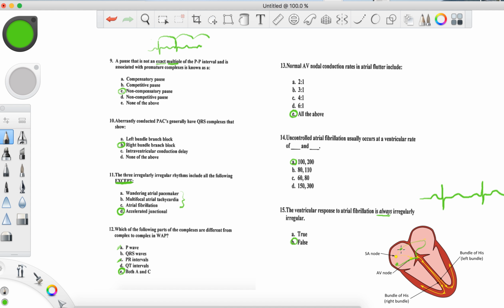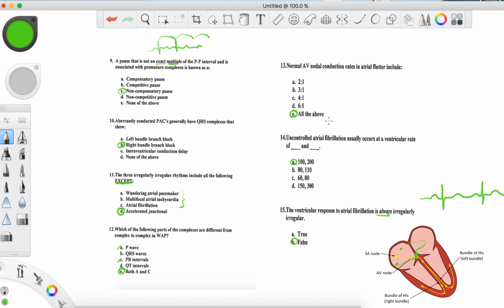So not only is the P wave going to be different because the origins are in different places, but the PR interval, which measures the amount of time it takes to get from here down to here, is going to vary also because the distance the impulse is traveling is a little bit different as well, all right?